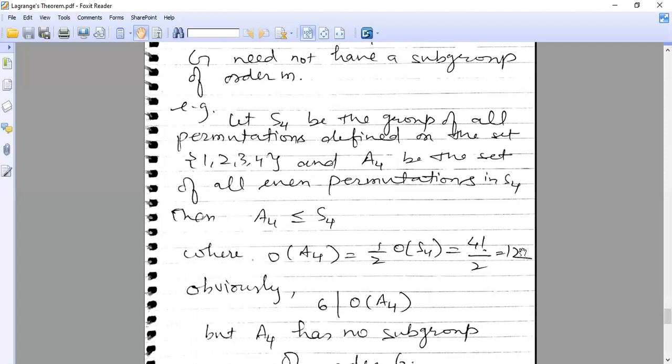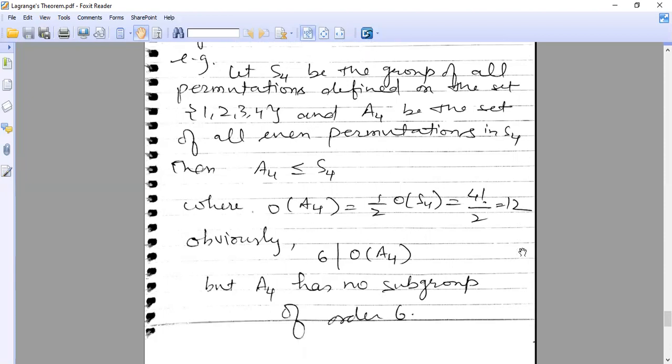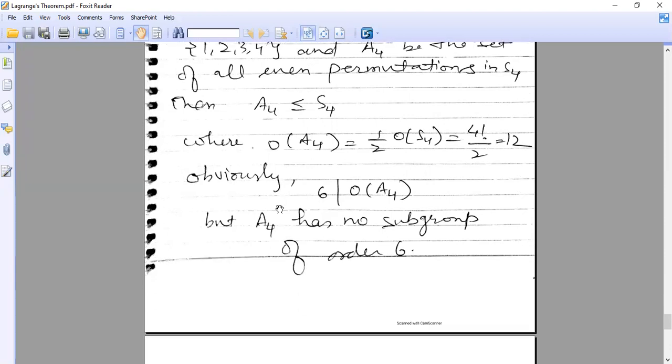So the order of A4 is 12. And when you are talking about A(n), that itself becomes a group, called the alternating group of degree n. So A4 is a group of order 12.